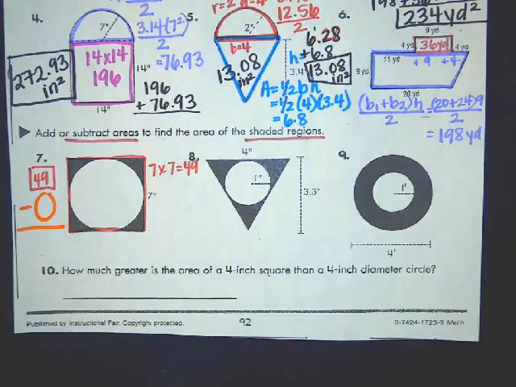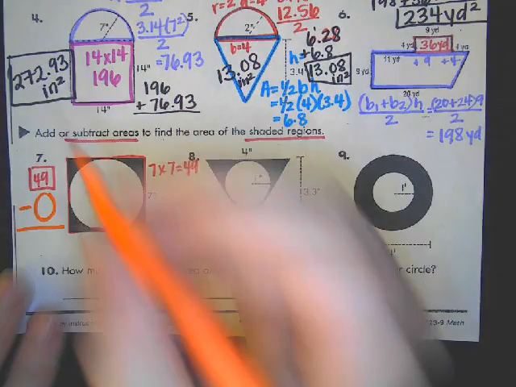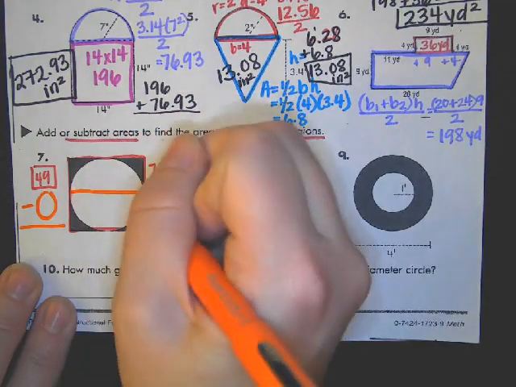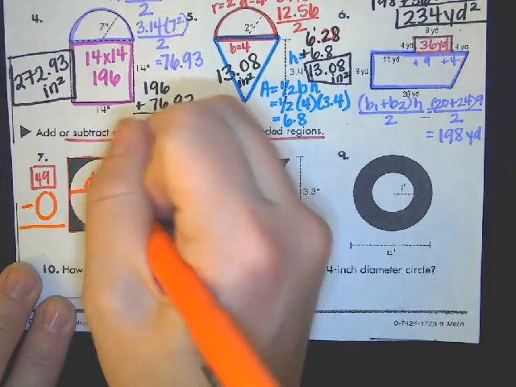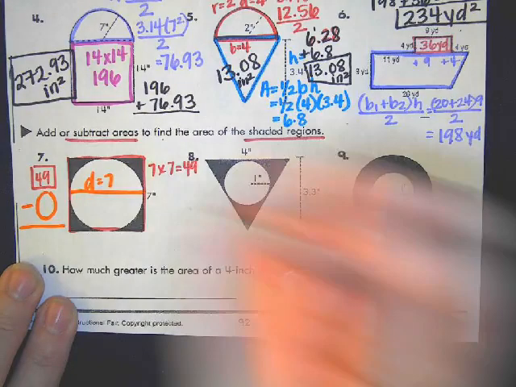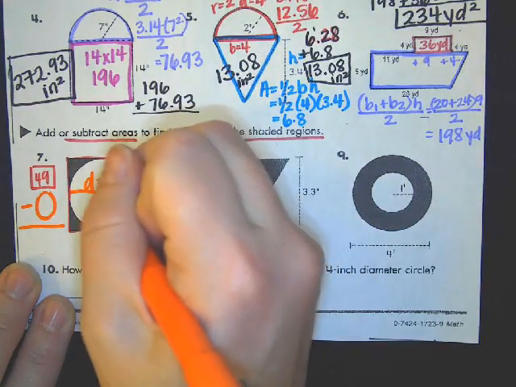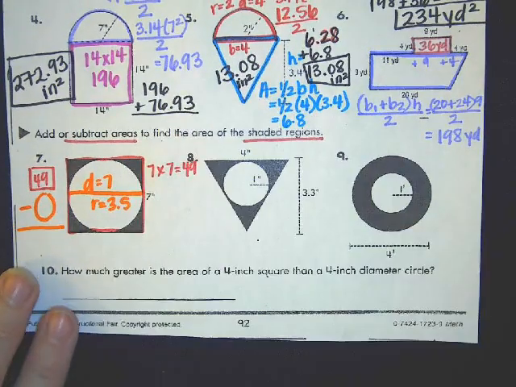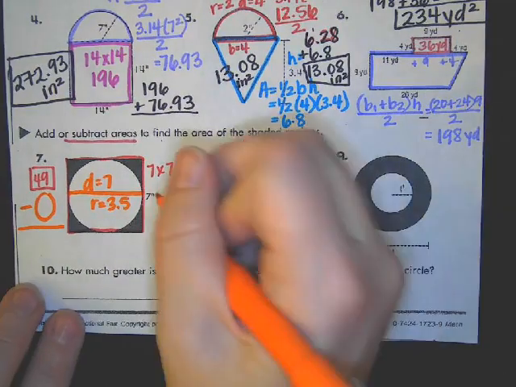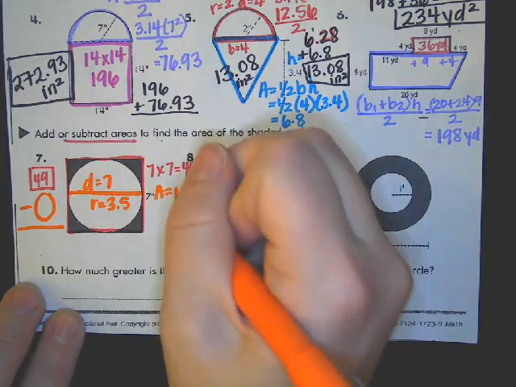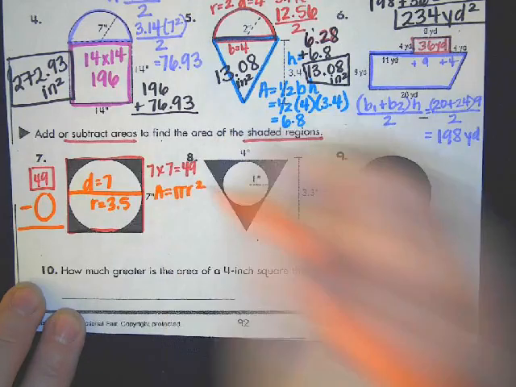In order to solve for the area of my circle, I know that the diameter equals 7. If the diameter is 7, half of that gives me my radius, which is 3.5. What we want to do now to find the area is pi r squared.